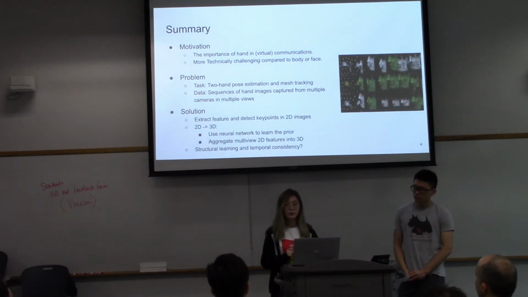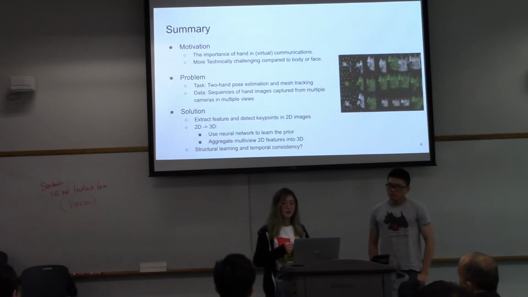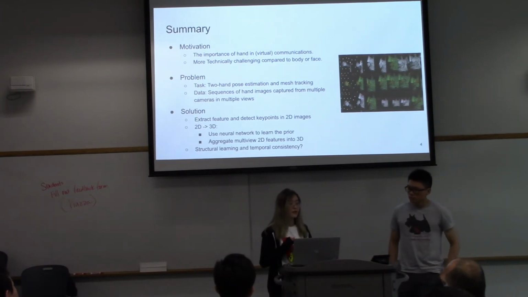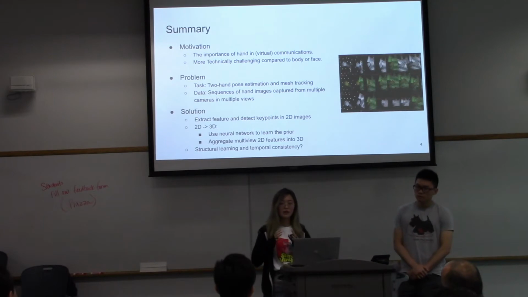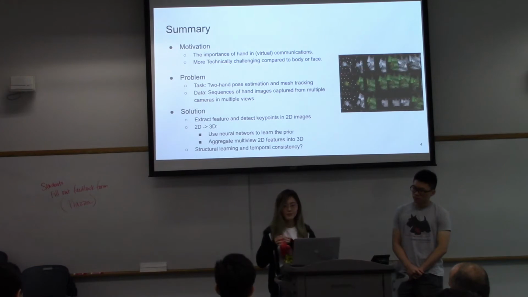So the solution we propose: firstly, we think whatever methods we want to use, we need feature extraction from 2D images, and then we can aggregate these features into a 3D prediction. So how can we combine the 2D features to 3D?